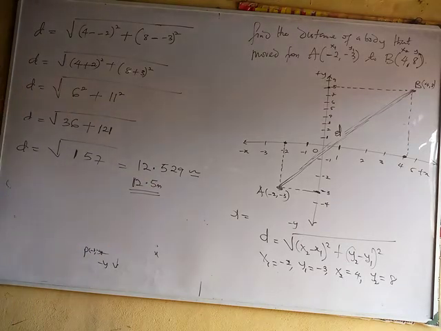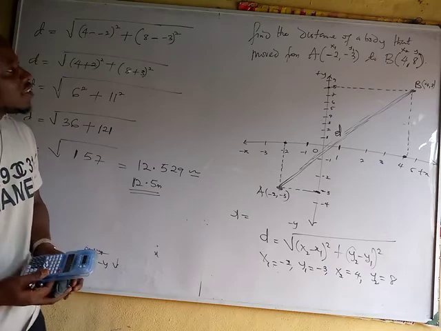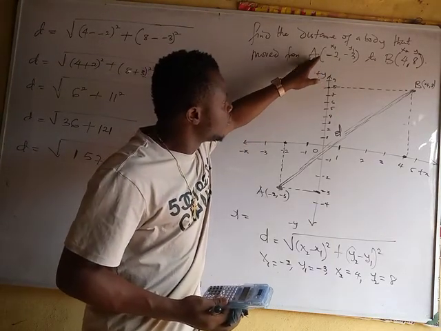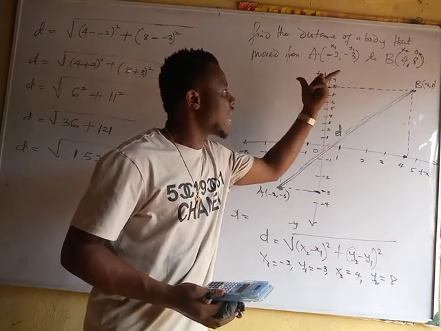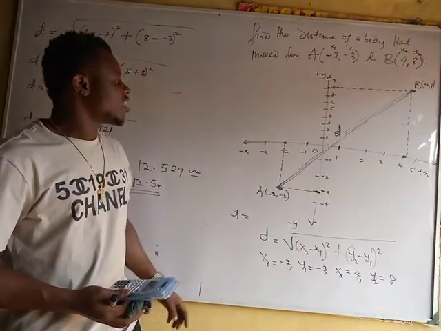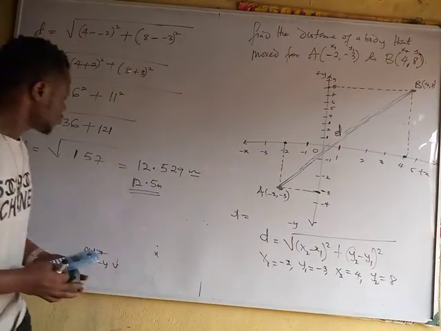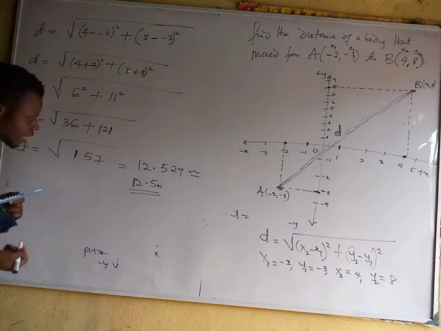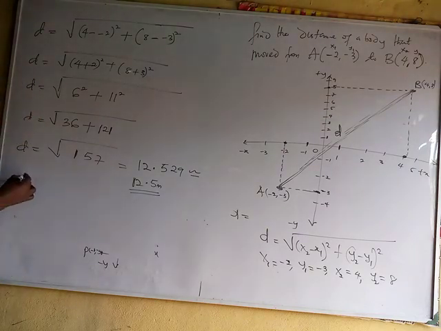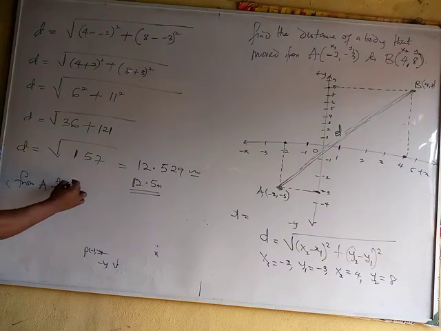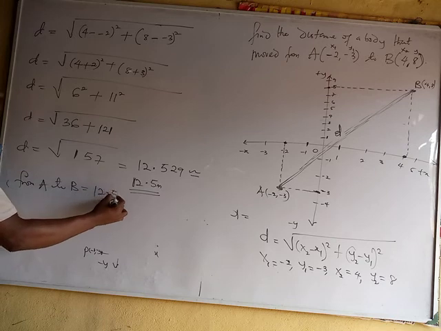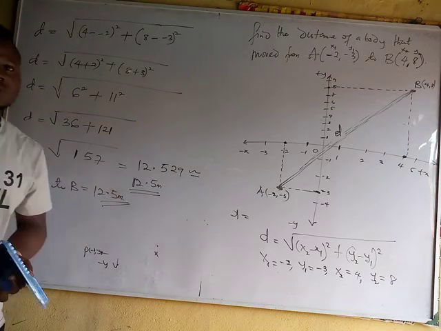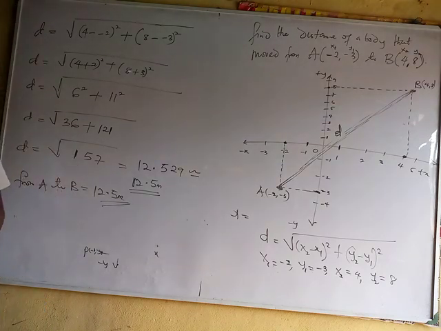Which means for the body that has this position from A to B with these axes, these positions, it has traveled a distance of 12.5 meter while moving from A to B. It is 12.5 meter.